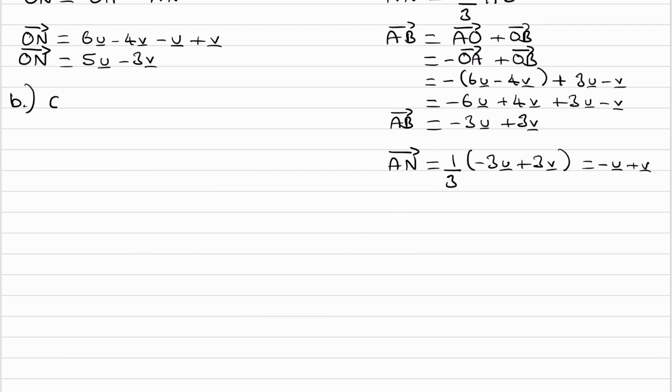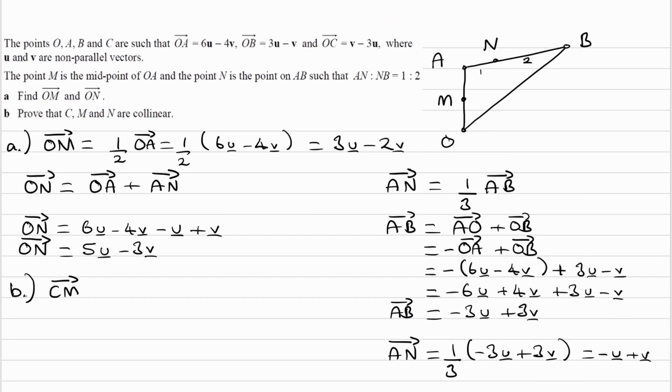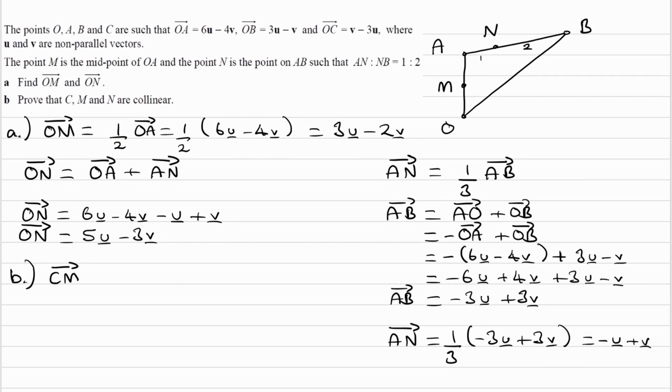Okay, so let's work out what CM is, and let's work out what CN is. To work out CM, we can go from C to O, and then from O to M. CO is the negative of OC, so negative of OC plus OM. OM we worked out in the previous part was 3u minus 2v.